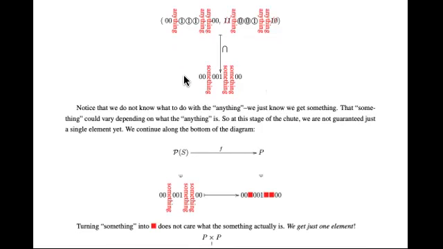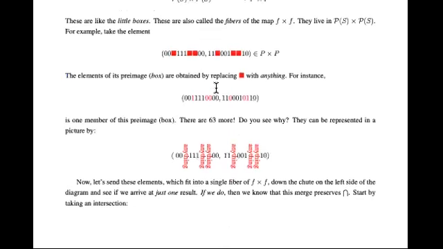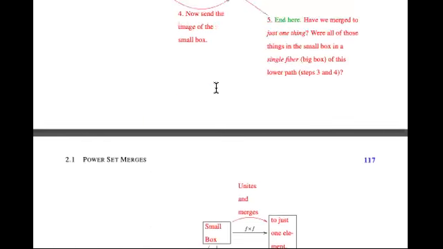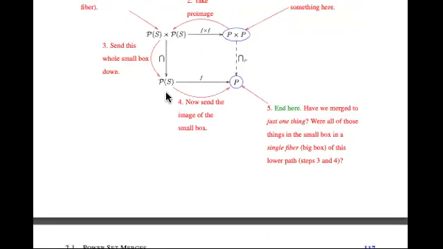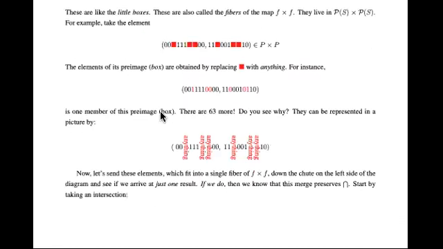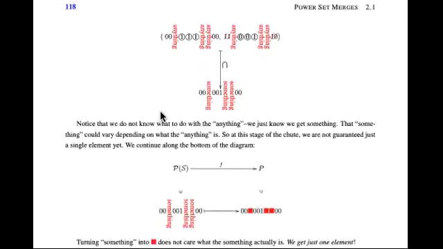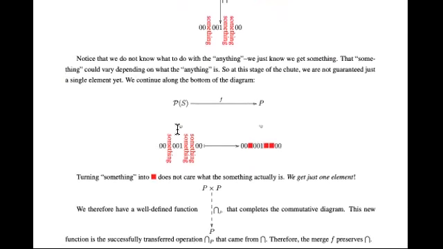So this is what all the subsets are going to look like. They're all going to be of this particular form. When we've taken intersections, they're all going to look like that with the somethings in there. So this is where we're at. All subsets that have taken us down here look like that. Now we just have to see if, when we merge, this is going to go to one element.